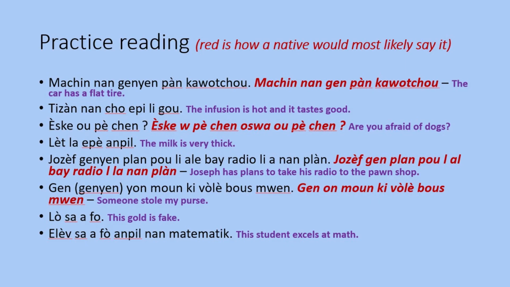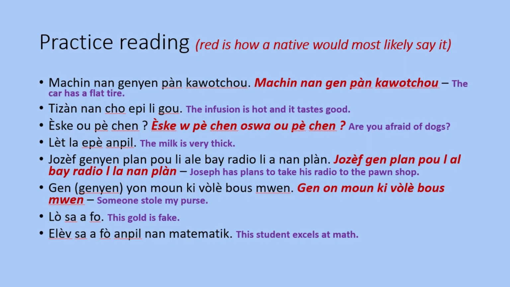Gen yon moun ki vole bous mwen. Someone stole my purse. Okay? Notice here, I didn't say gen yon moun ki te vole bous mwen, which would make it past tense, because if I'm telling you somebody stole my purse in Creole, that means the purse was already stolen. Otherwise, I wouldn't have said it.